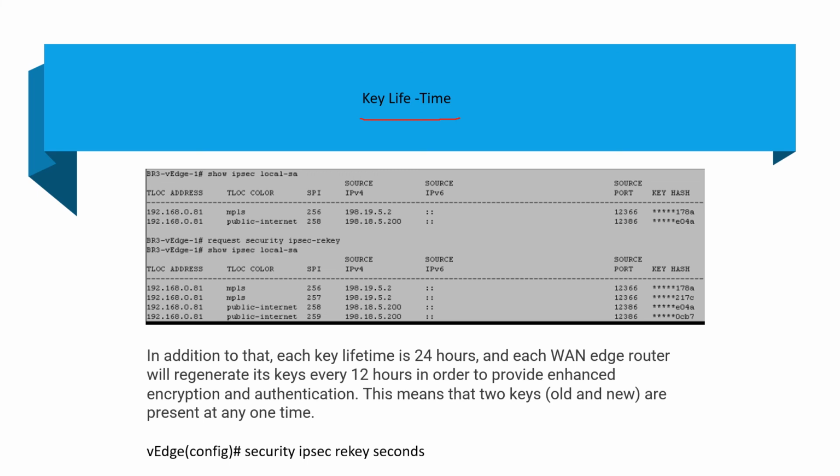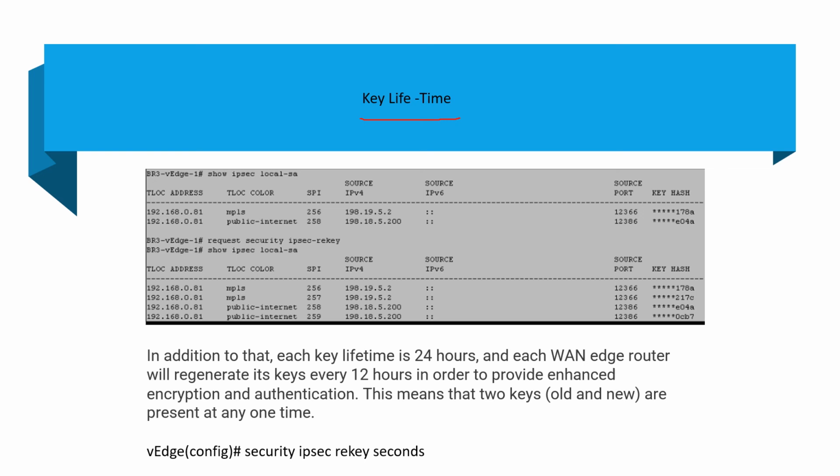Now let's talk about the key lifetime. Each key lifetime is 24 hours, and each WAN edge router will regenerate a key every 12 hours in order to provide enhanced encryption and authentication. That means that two keys, the old and the new one, can coexist at any given time.